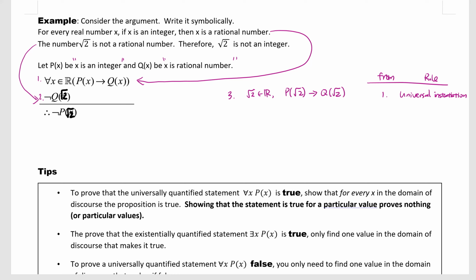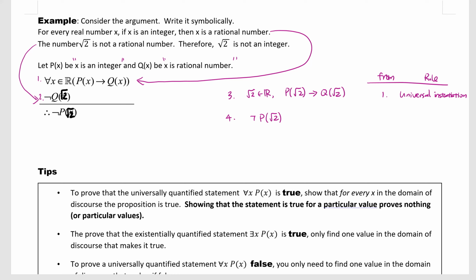Okay, so far so good. Next, we have not Q of square root of 2. Do you remember, P of square root of 2 implies Q of square root of 2? The contrapositive is not Q of square root of 2 implies not P of square root of 2. Because we have not Q of square root of 2, we can conclude not P of square root of 2.